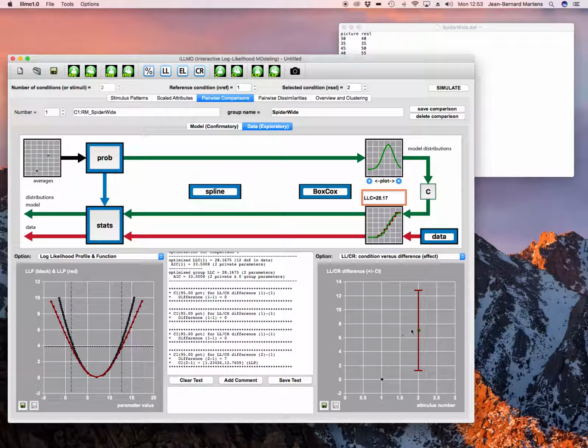And we now see that the difference is significant, because 0 is now outside of the confidence interval.